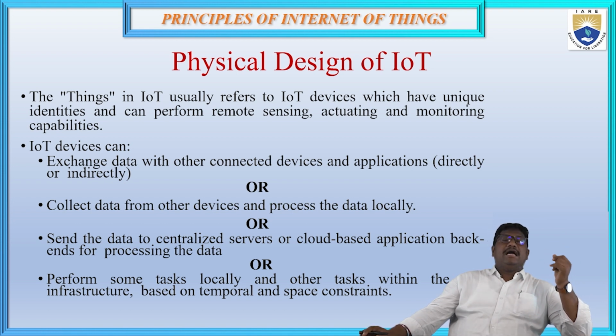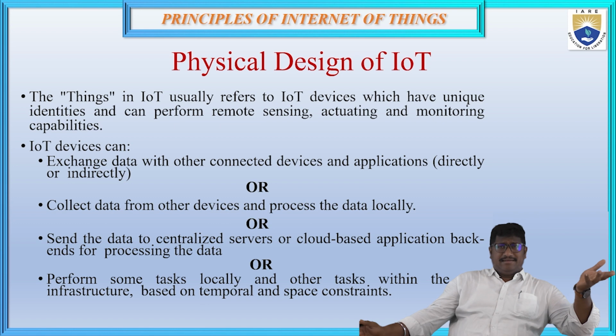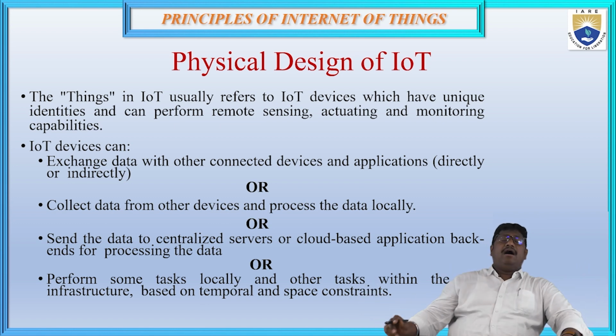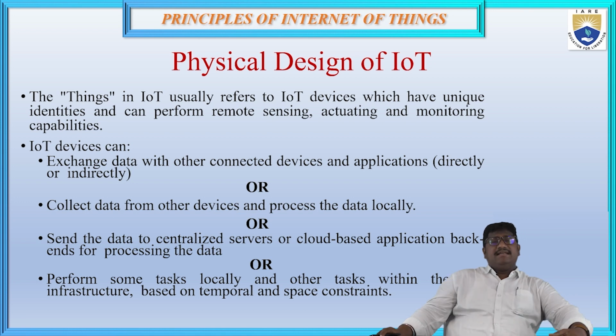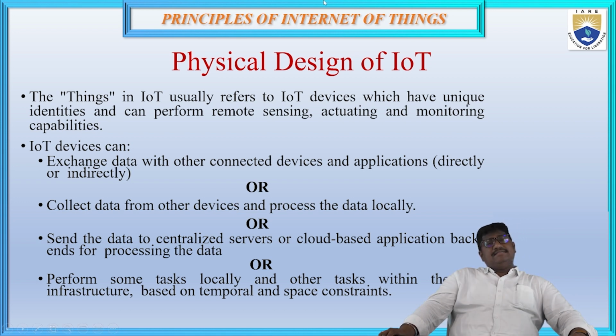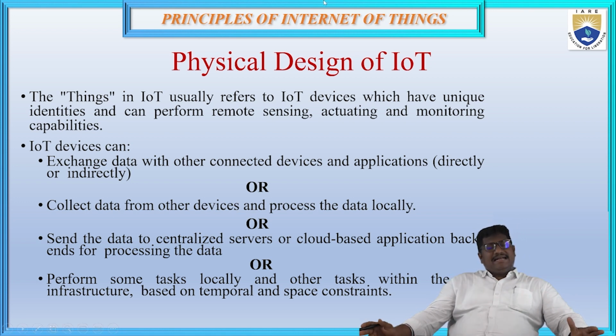What is the physical design of IoT? The things in IoT, usually people call IoT devices, right? Take an example, the surveillance system in our organization. There are n number of surveillance cameras placed in all departments as well as in classrooms and labs, right?